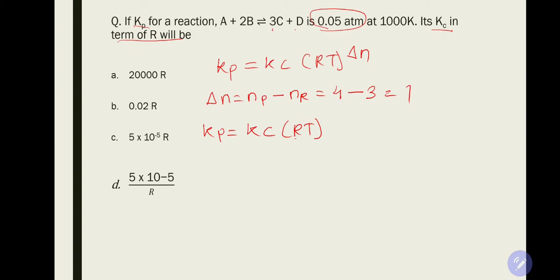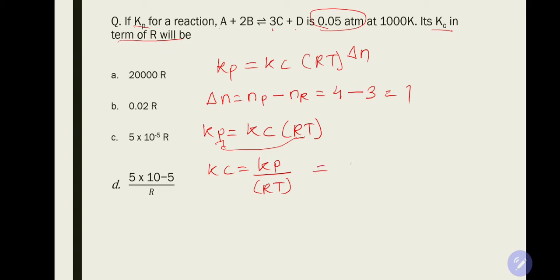Now you have to take it in terms of R, so don't put the value of R, just put the value of T. We have to find Kc, right? Kp is already given to you, so Kc is equal to Kp upon RT. Am I right? Taking this to this side. So what is the value of Kc then?